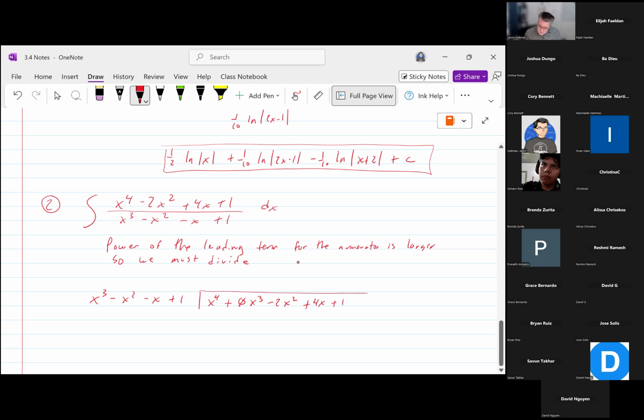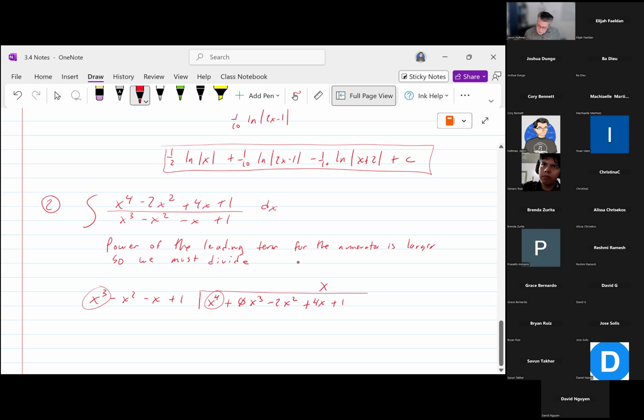Okay, so now I have to ask myself, what times x cubed gets me x to the fourth? And it's just x, it's 1x. I'm going to put it over the x column.